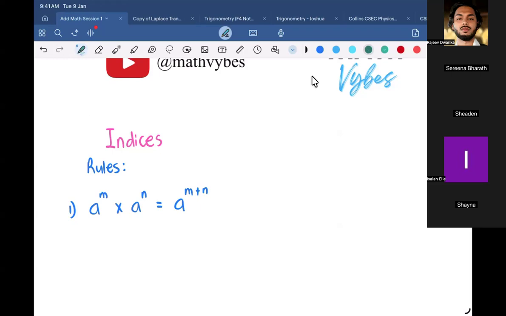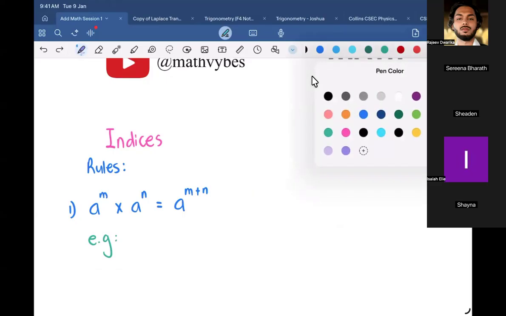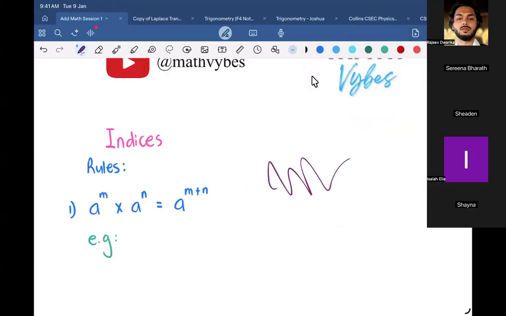Nobody tell me what's your favorite color? Shay, what's your favorite color? Purple. Okay, well, I'll use some more purple. You like this shade of purple? Based on your response, I guess not. You can tell me, do you prefer a darker purple? My bag is dark purple. I like dark purple. I find that a bit too dark.